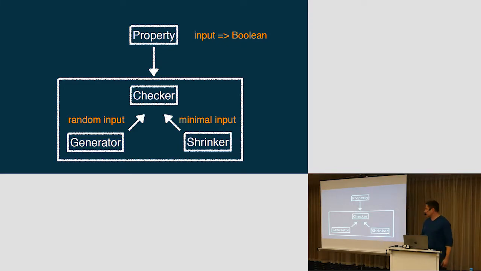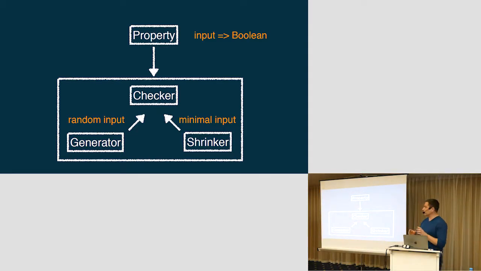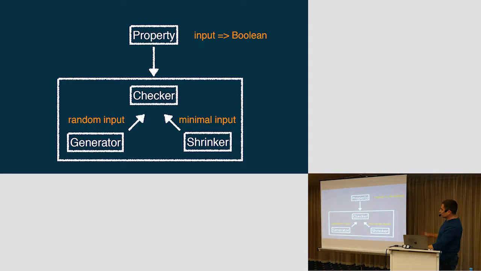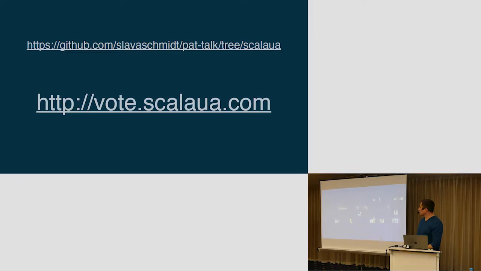The shrinker is the component which takes the test data that was generated, and if the test fails, it tries to find the minimal data which will make your property fail. So the property is any input which is true or false, the random input of the generator, and the minimal input of the shrinker, they all fit into the checker, and at the end you have your properties run and your system tested.